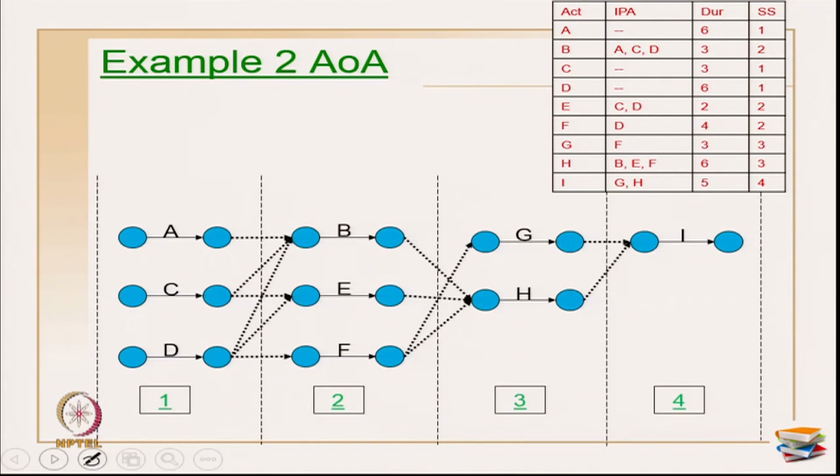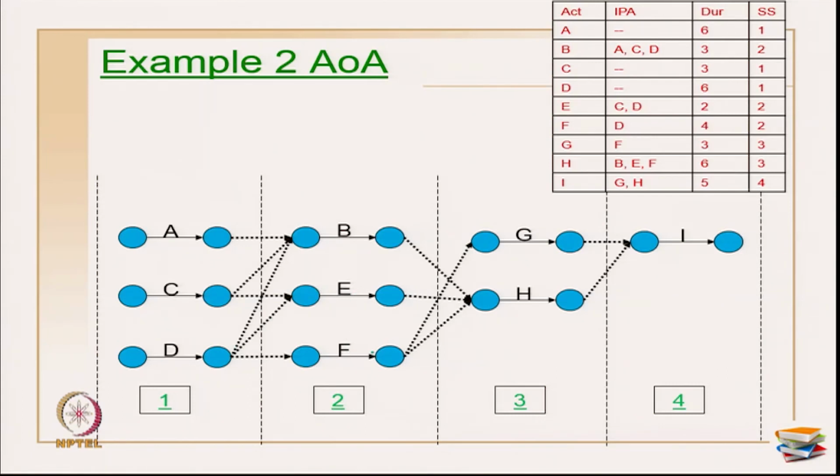Okay. Next is to connect all these activities using dummy relationships. Seeing the relationships which I have along the IPAs: A has no IPA and B has A, C, D as an IPA. Then C does not have any IPA, D does not have any IPA. For activity E, I have C and D as my IPA.